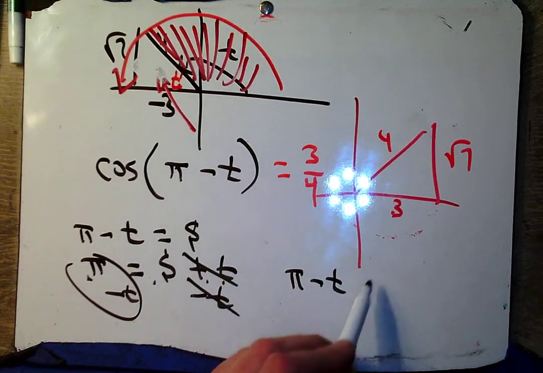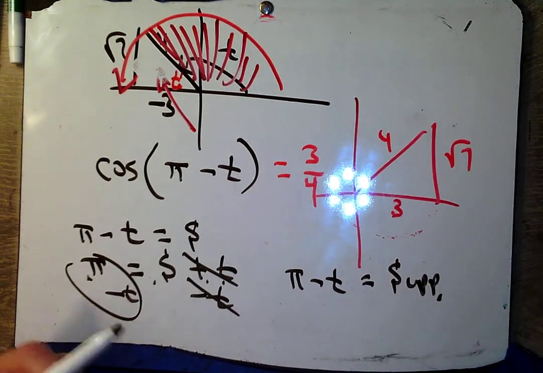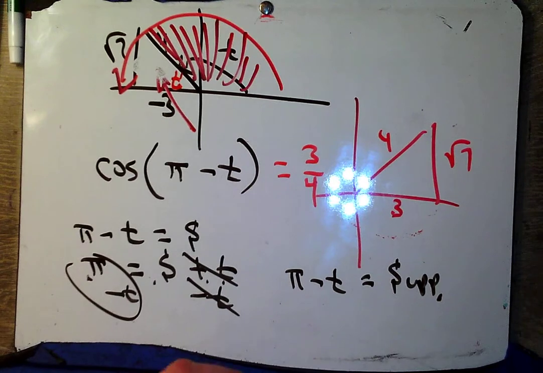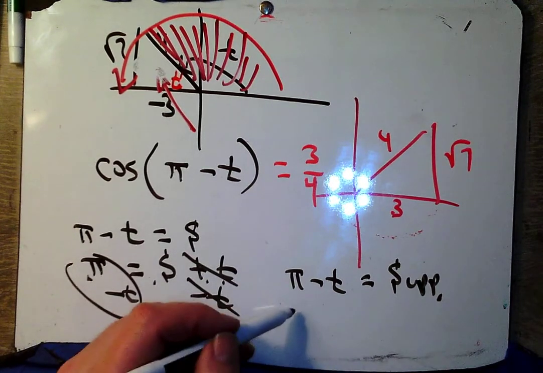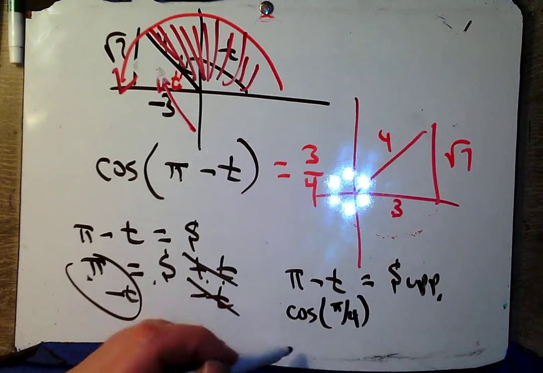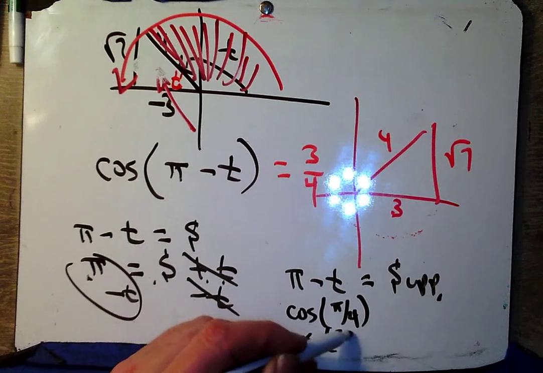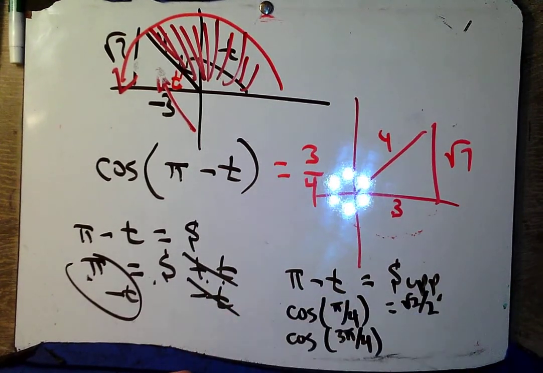Pi minus t is our definition of supplement. And in fact, we started this video talking about the cosines and sines of supplements. Remember when we talked about the cosine of pi over 4 and the cosine of 3 pi over 4? Well, this one was positive root 2 over 2 because it was in first quadrant, but this one, second quadrant, cosines are negative root 2 over 2.